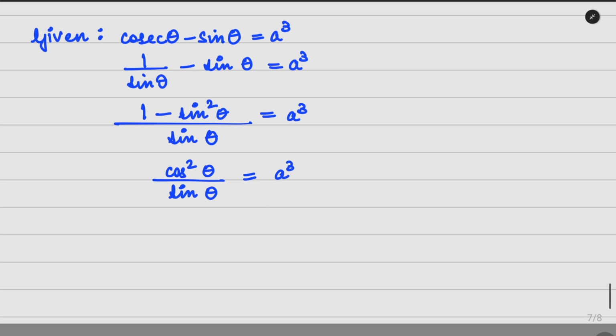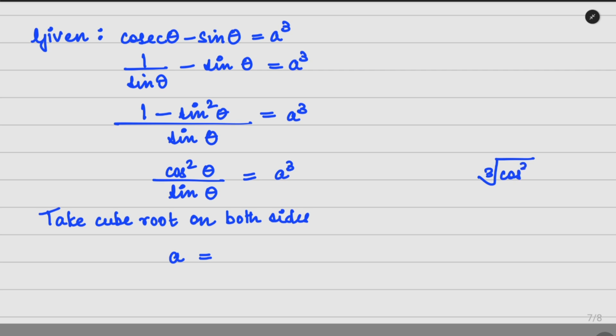Take cube root on both the sides. So what would you get? A is equal to, when you take the cube root of cos square theta, it's nothing but cos square theta whole raised to the power 1 by 3, which is nothing but cos 2 by 3 theta.